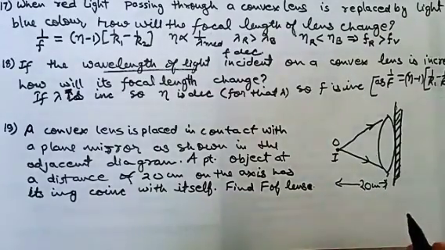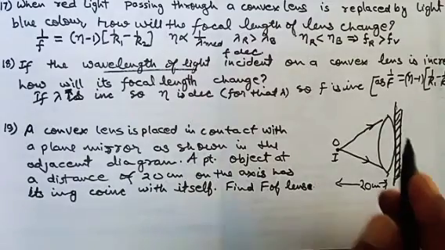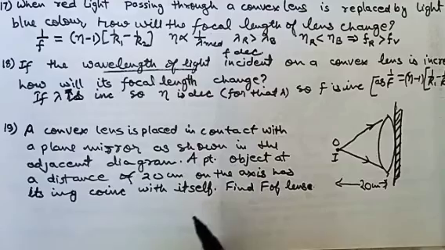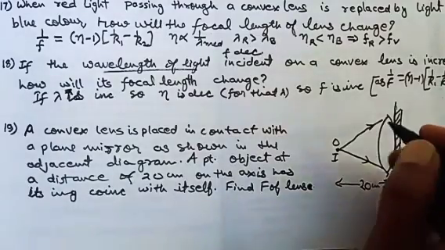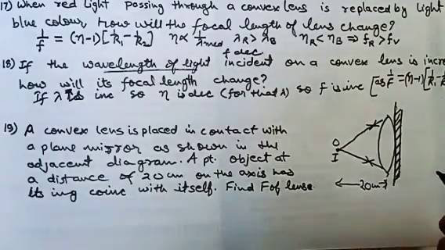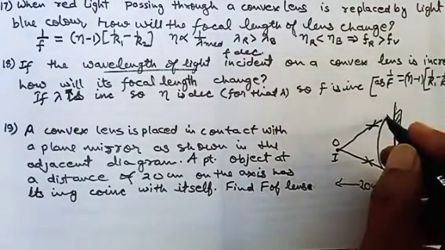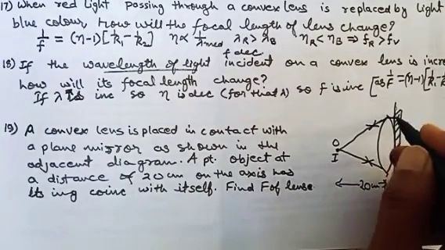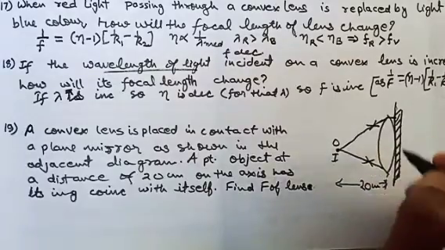To justify your answer, you have to just complete this ray diagram. If it is coinciding with itself, it means light rays have retraced their path. And this is possible if they are incident normally on the plane mirror.